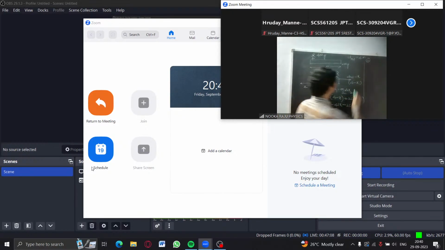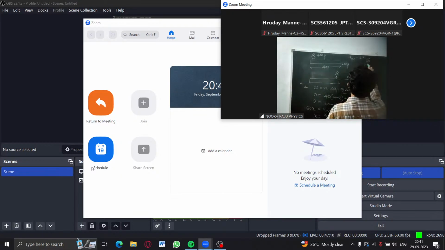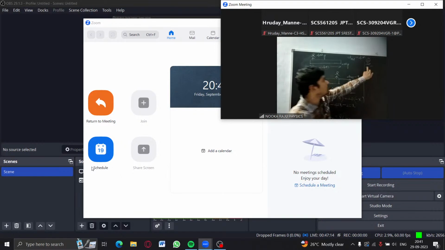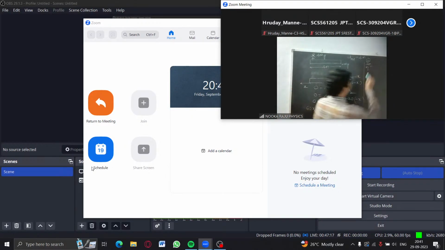What is the formula? Distance of M2 I want to calculate. If you are considering the M2 value, you can write M1 by M1 plus M2 into D relative.